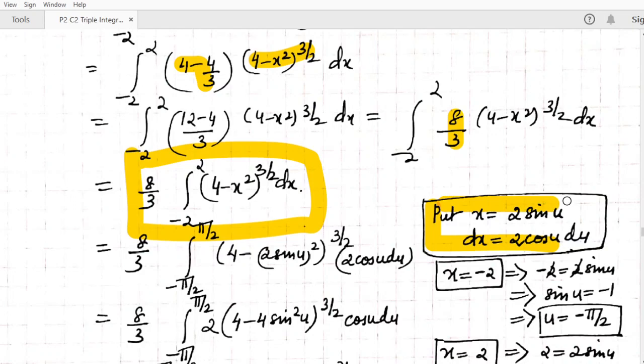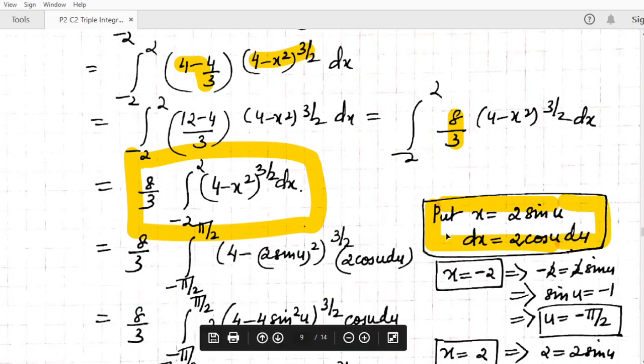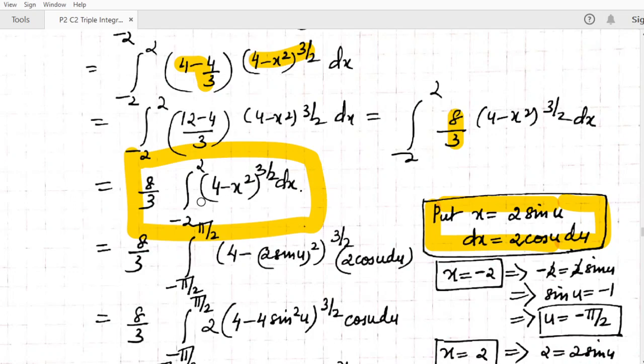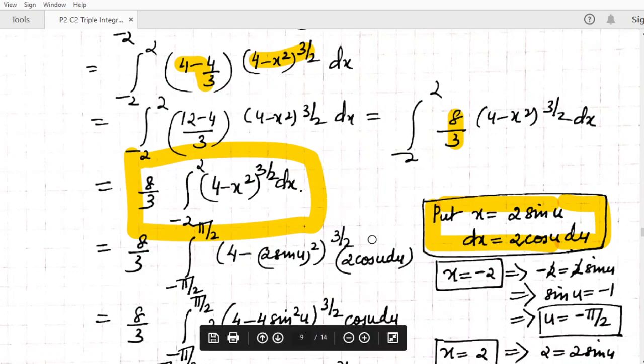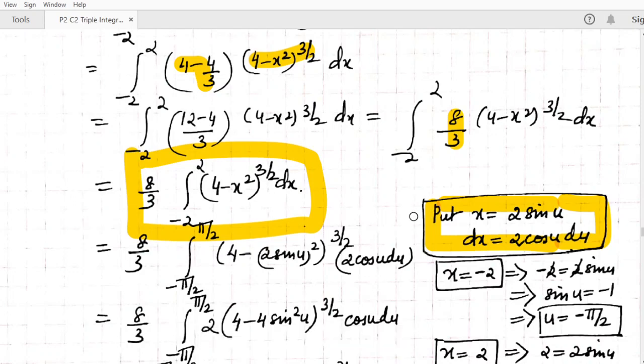Here our substitution is here. After this particular step, the remaining steps follow, and we have to remember this step, this is a very important step.